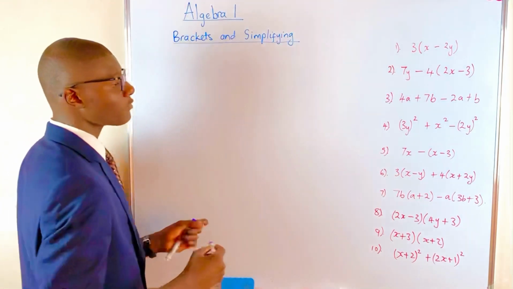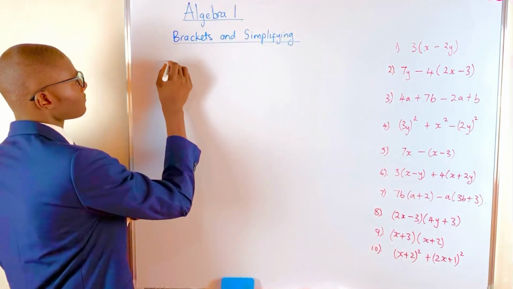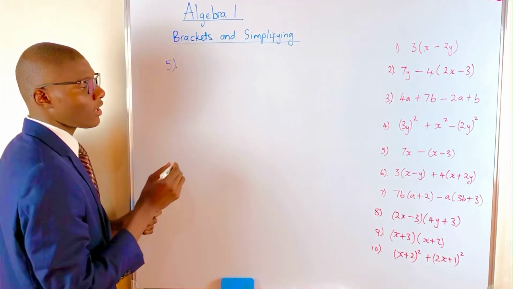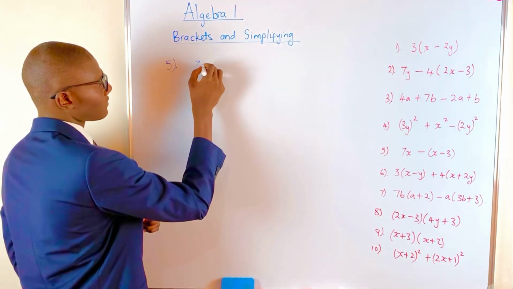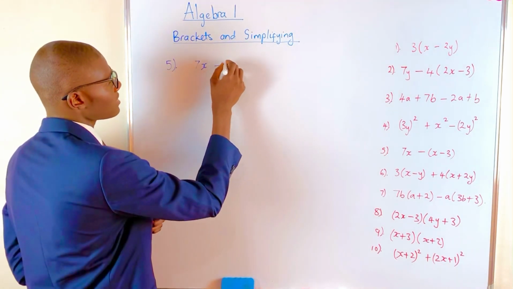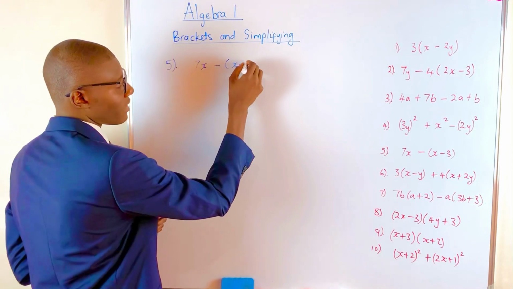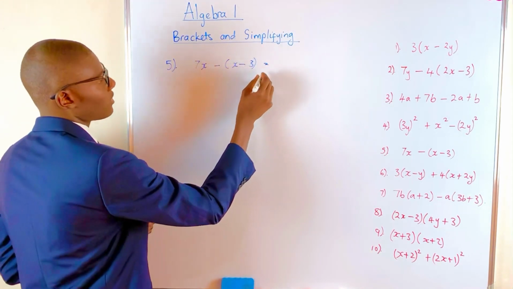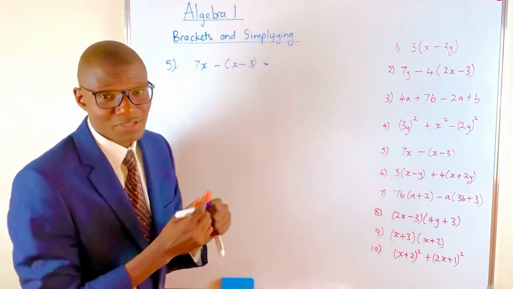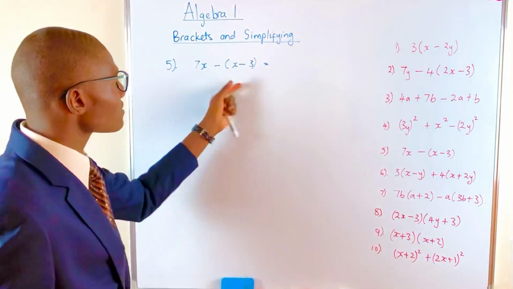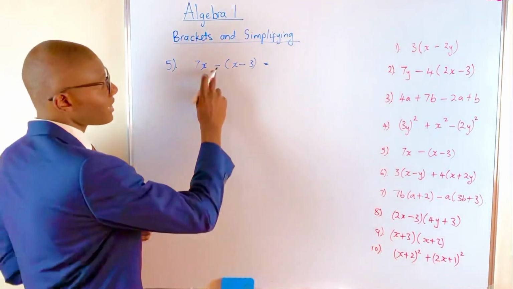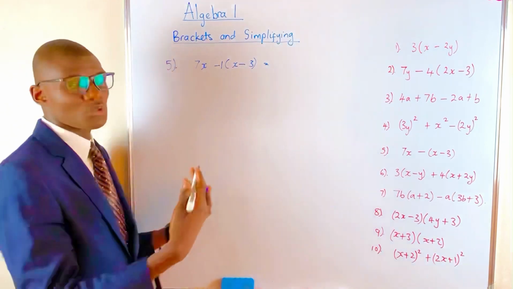Okay, so now for number 5, we are saying that 7x minus x minus 3. So now, what do we have to simplify here? The number that is outside these brackets is a minus 1, which we know is just imaginary.